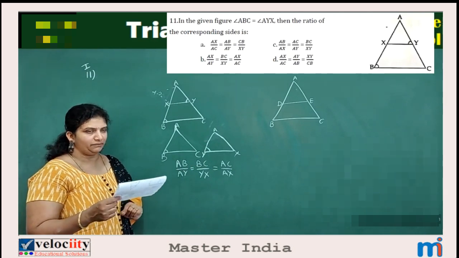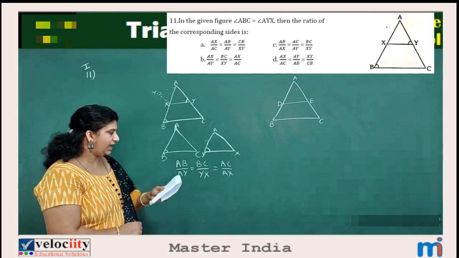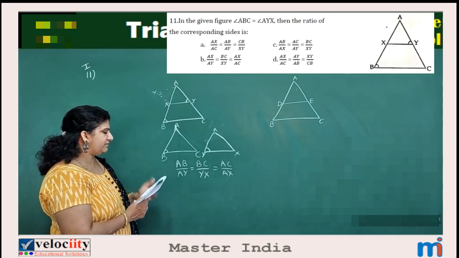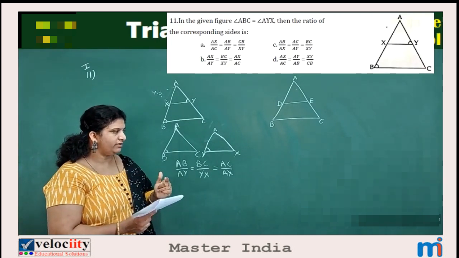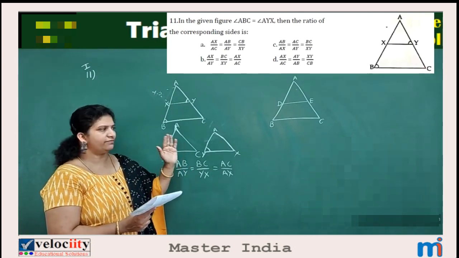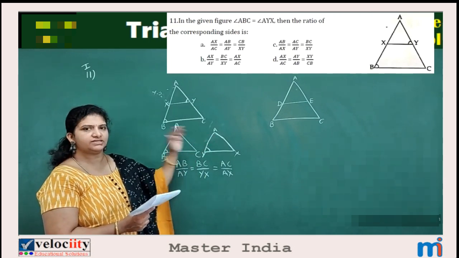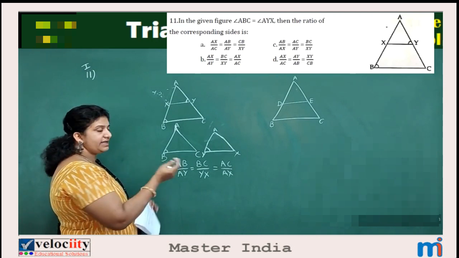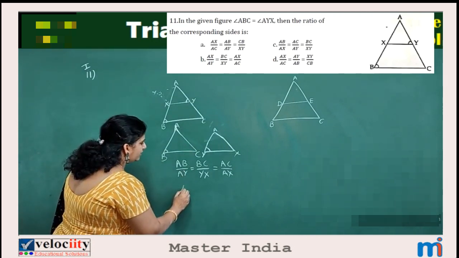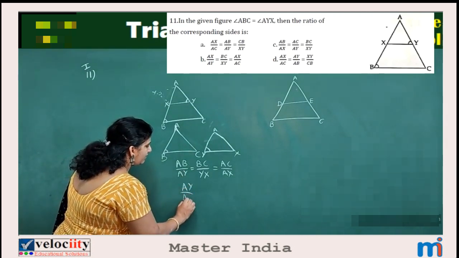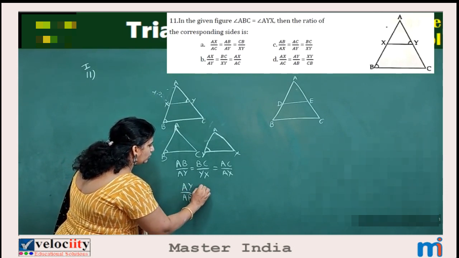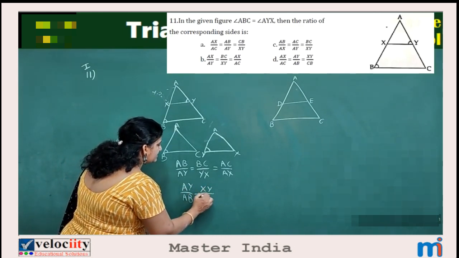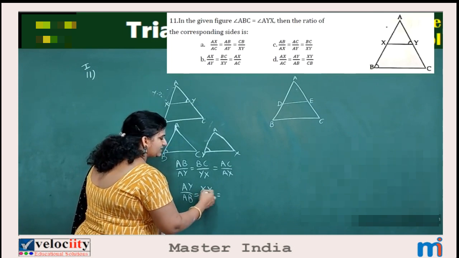Go to option D. Option D, AX by AC. Where is AX by AC, do you have it? Okay, no problem. You can take first this side by this side or this side by this side. I think option D is right. And let us rewrite this ratio. Reverse the ratio. AY by AB is equal to XY by BC or YX by BC also.